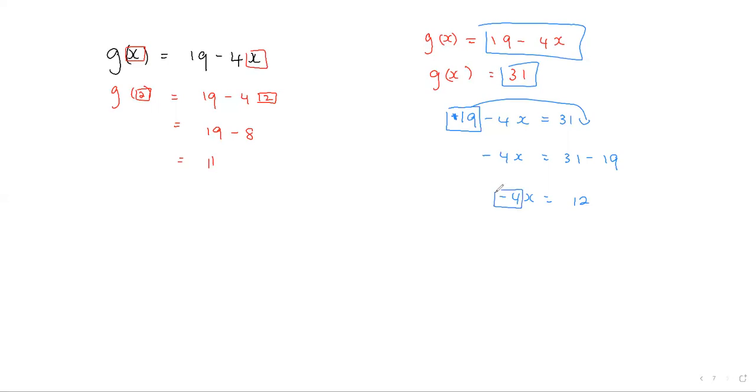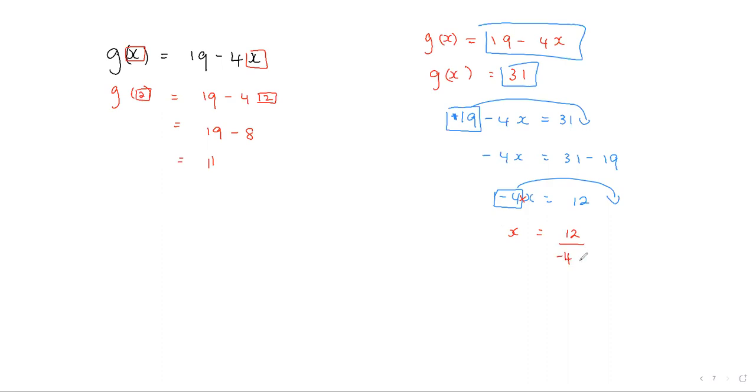Now, negative 4x is equal to 12. So when I carry this across, remember that negative 4 was attached to the x through multiplication. So when I carry it across, it's going to do the opposite operation, which was division. Right?